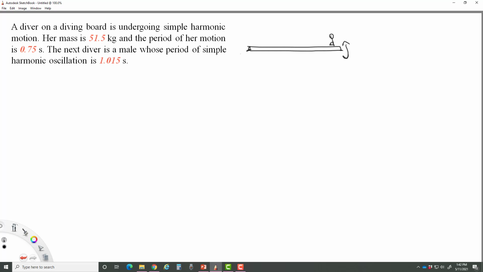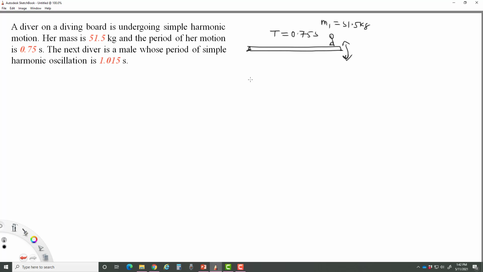Our mass is 51.5 kilogram, and the time period of oscillation is 0.75 second.